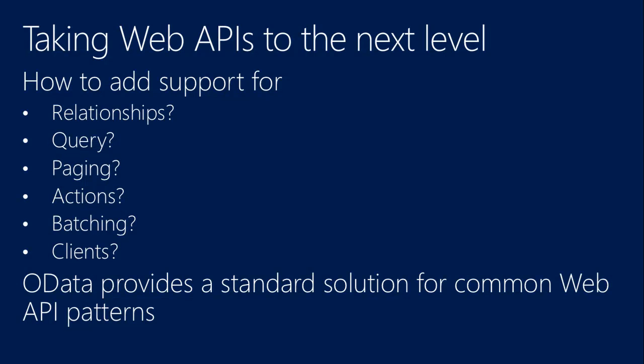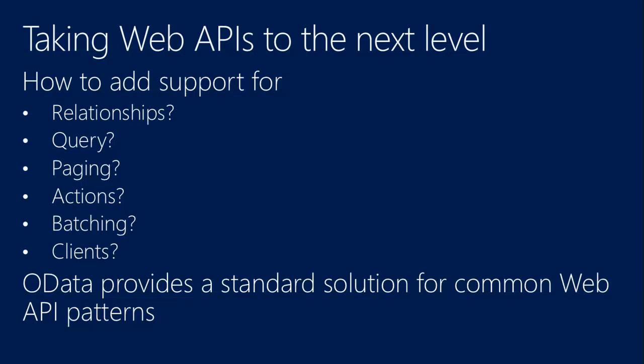But maybe you don't want that. Maybe you want to preserve this notion of, I just want part of the data, and I want links to the rest of it. I need a way to navigate those links. I need a way to manipulate those links, change the relationships. How do you do that? You could invent your own solution, or you could use an existing open protocol.